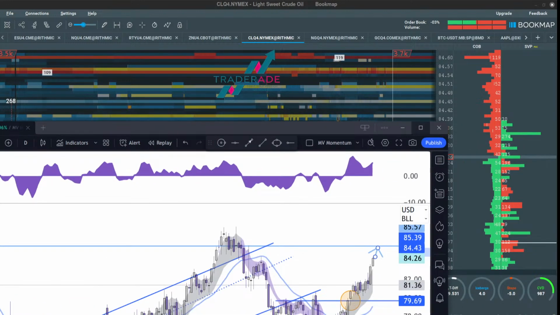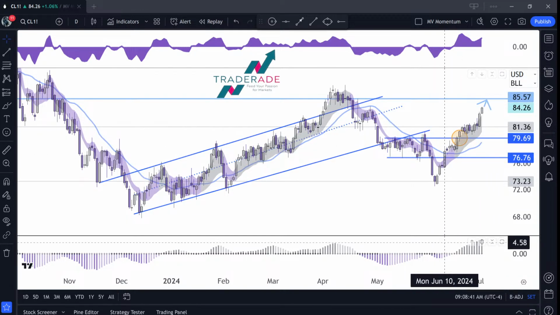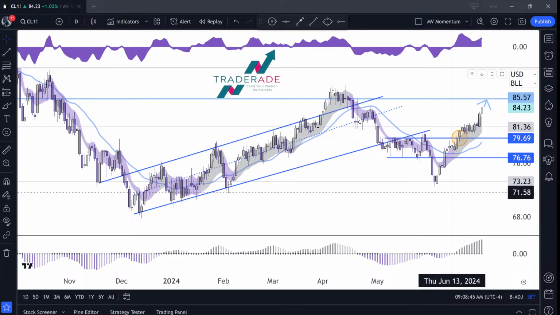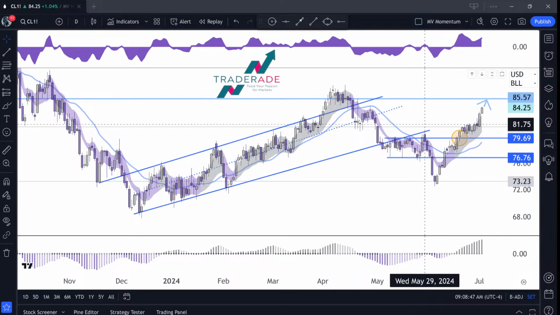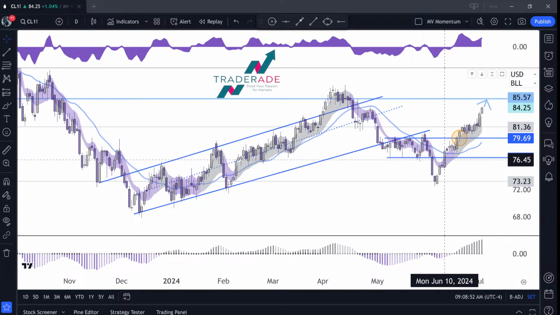So I'm just going to pop this chart on screen real quick because we are in a very constructive period of time for crude, whether you're day trading it or swing trading it. And the reason I say that is everything that played out here was exactly what you wanted to see, to shake out weak hands and then bring back a bullish bias to the momentum.